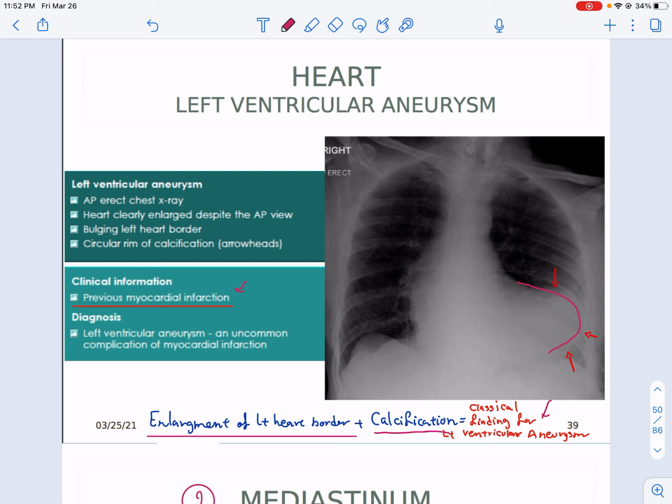So if we read the history and see that the patient already has a previous myocardial infarction, and on the chest X-ray there is an enlargement in the left heart border and we can see calcification, which is brighter, we can say this is a left ventricular aneurysm.